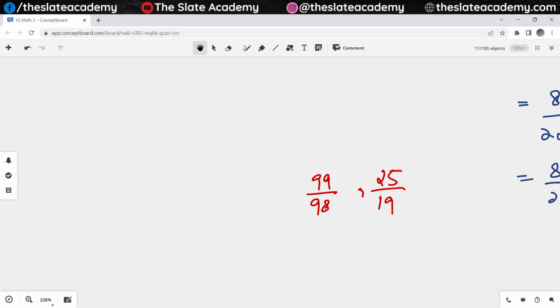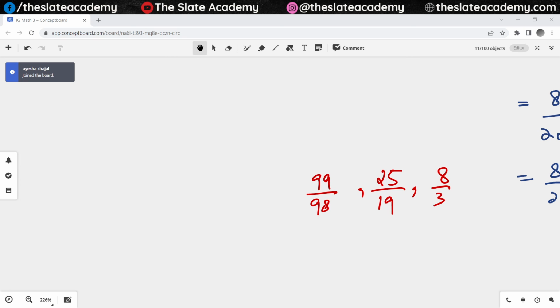Okay. And you would have 8 over 3. For these three fractions, are they improper fractions or not? They are improper fractions. How do we know? Denominator is less than numerator, so these are improper fractions.